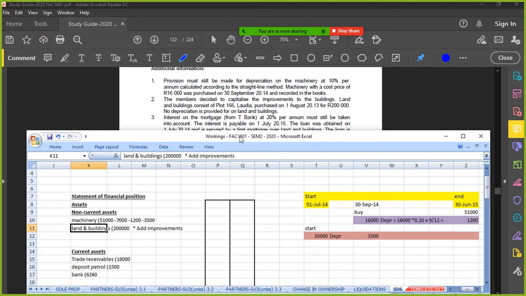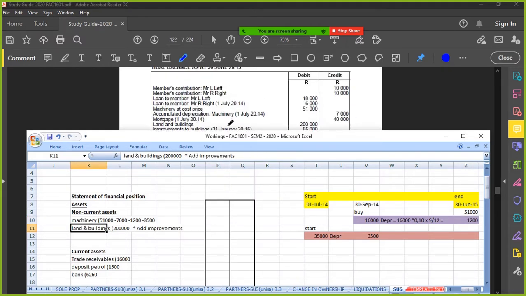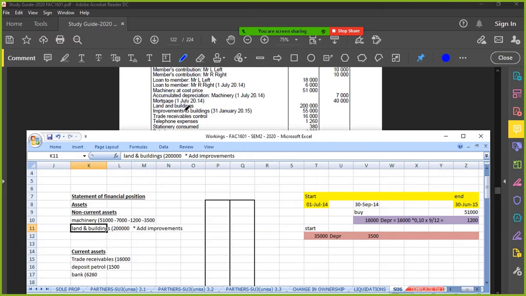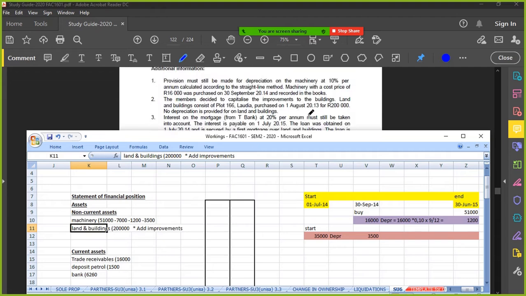So we had those improvements earlier. Let's go back. Here it is: improvements to buildings, 31 January 2015. The dates aren't really aligned here, because here you've got improvements at the end of the current year. Here they're saying the members decide to capitalize the improvements to the buildings. Oh, okay, that makes sense. If they're saying they're going to capitalize the improvements, they've made that decision now.